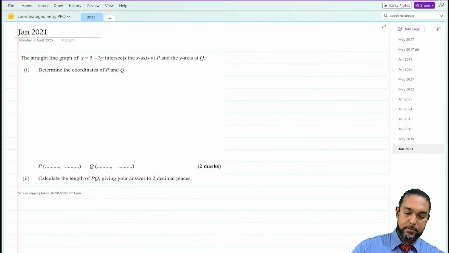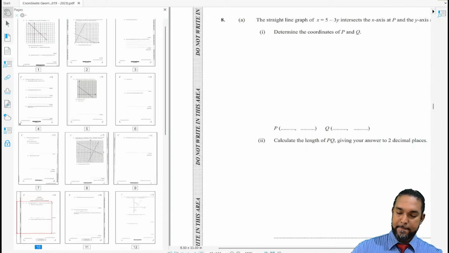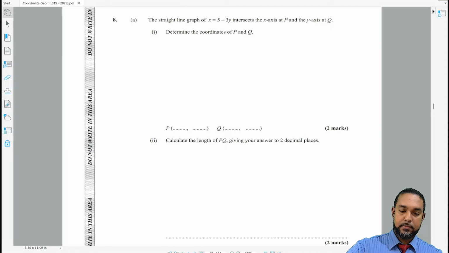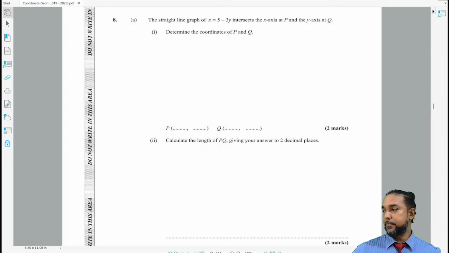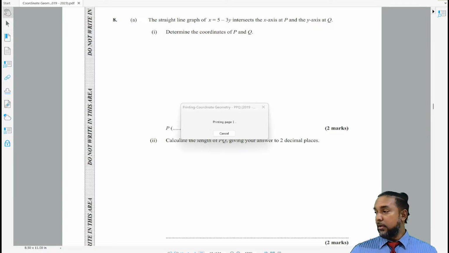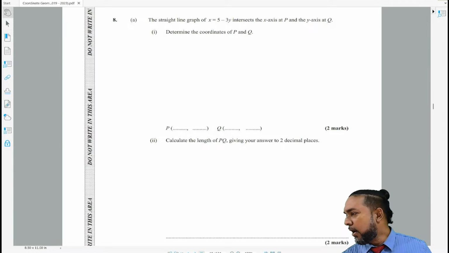We'll deal with it. Oh, wait, I have the printer for you guys in class. Sorry, my bad. Print. Current page.